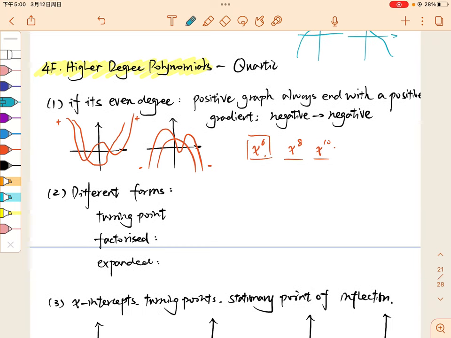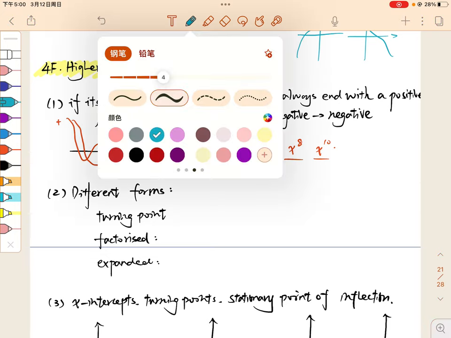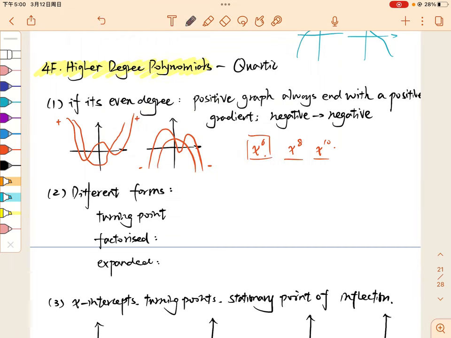And there are different forms for our quartic function as well. For the quartic function, we still have the turning point form. Now it is not the same as the point of inflection. We have the turning point. That is when y equals a times (x minus b) to the power of 4 plus c. We also could have a factorized form, where y equals a times (x minus b)(x minus c)(x minus d)(x minus e).